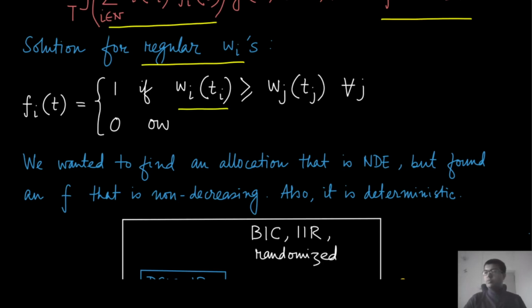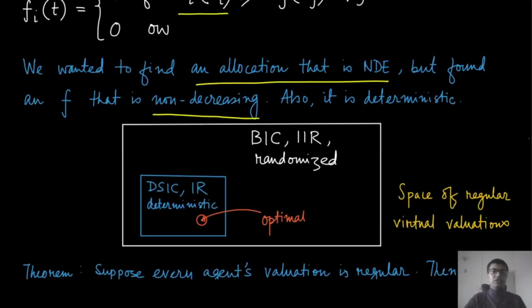So what we can observe here is that even though we wanted to find an allocation that is non-decreasing in expectation, we have actually found an f, the allocation function, which is non-decreasing, which is even stronger than that. And not only that, it is also a deterministic mechanism. So the object is completely allocated to the person who has the highest virtual valuation.